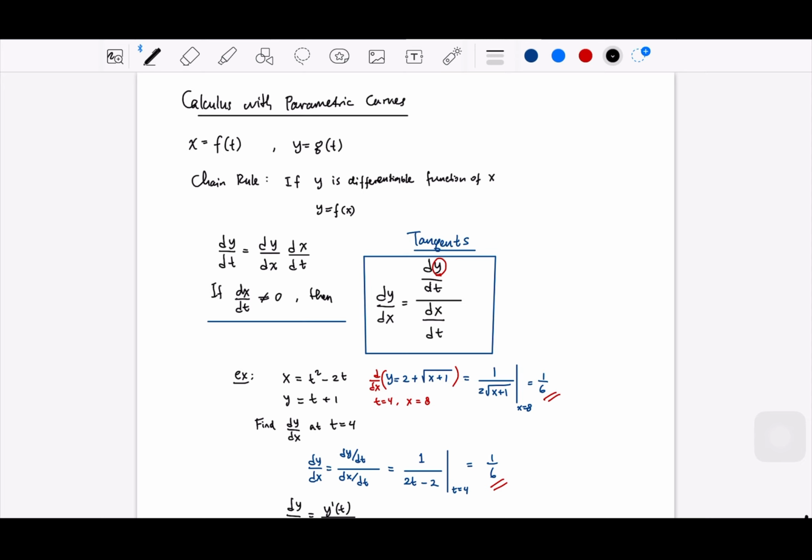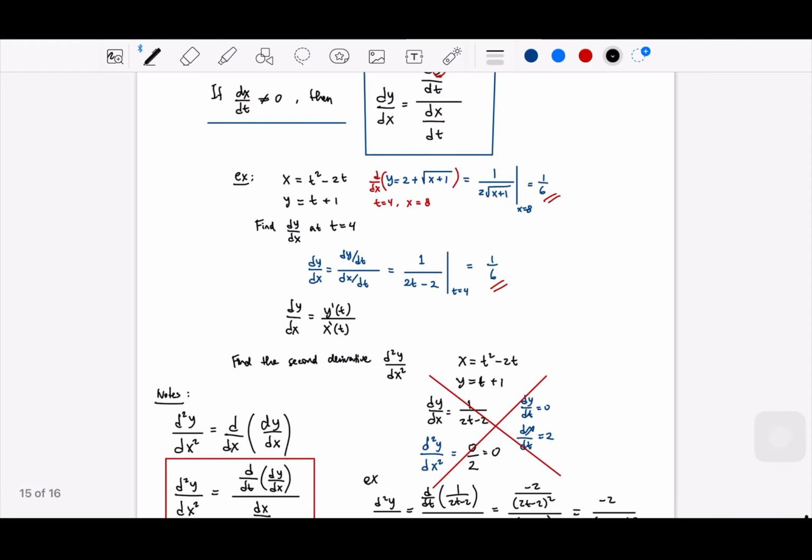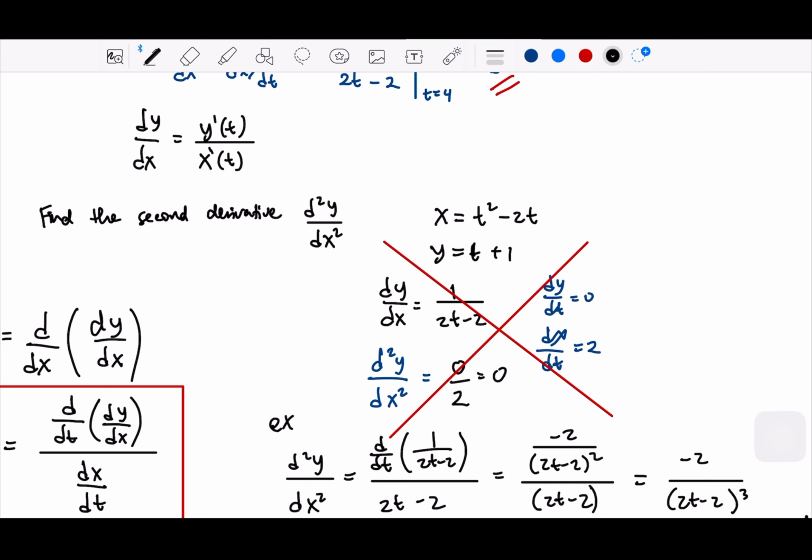But in truth, because of the relations that the function has, x is a function of t, y is also a function of t, but y is also a function of x, we cannot differentiate this one by one. What we need to do is make sure our definition is correct. This way here is not the correct way.